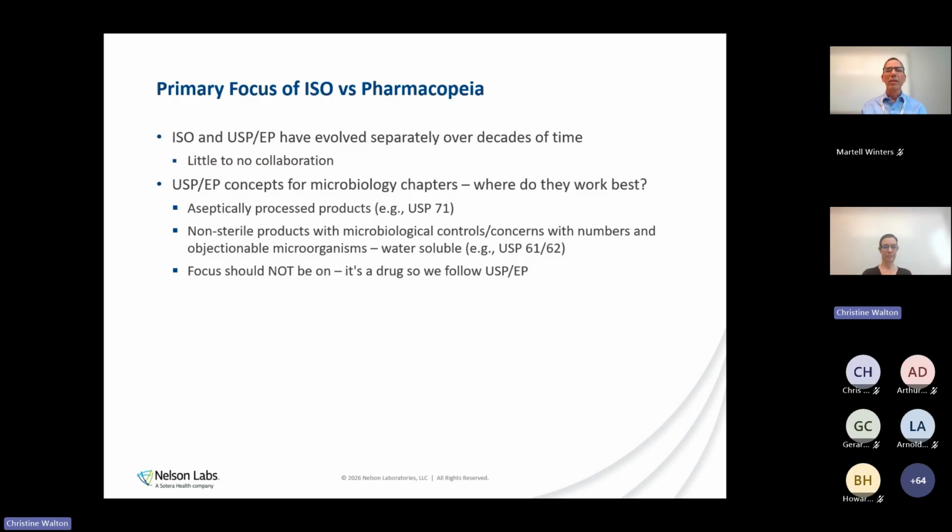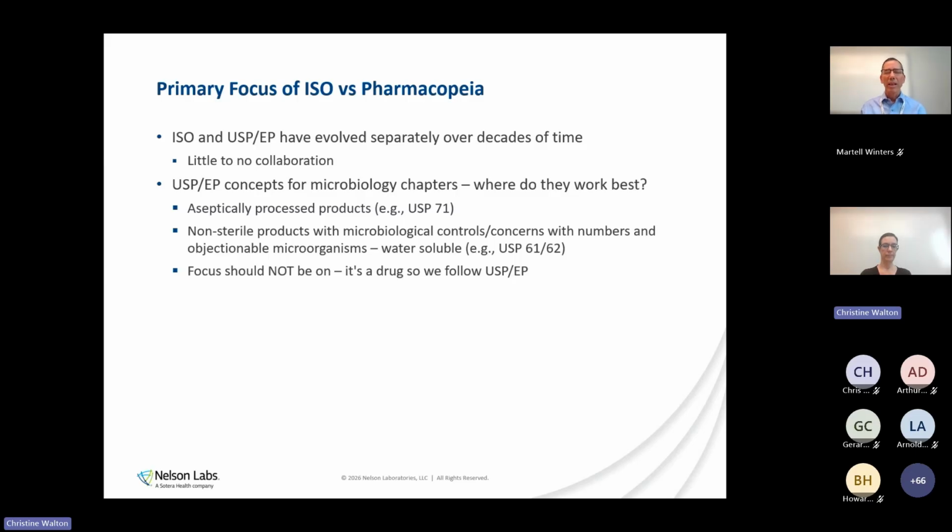So if we consider the concept of aseptically processed products, USP 71, for example, the sterility test, is a prime example of a USP chapter that plays properly into this situation. But then we also have non-sterile products where there are some microbiological controls required, and the concerns are with both the numbers and in looking for objectionable microorganisms.